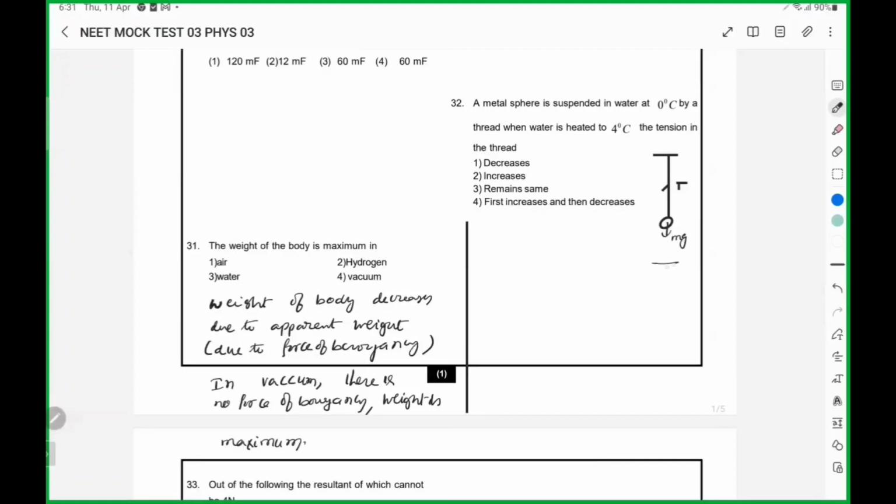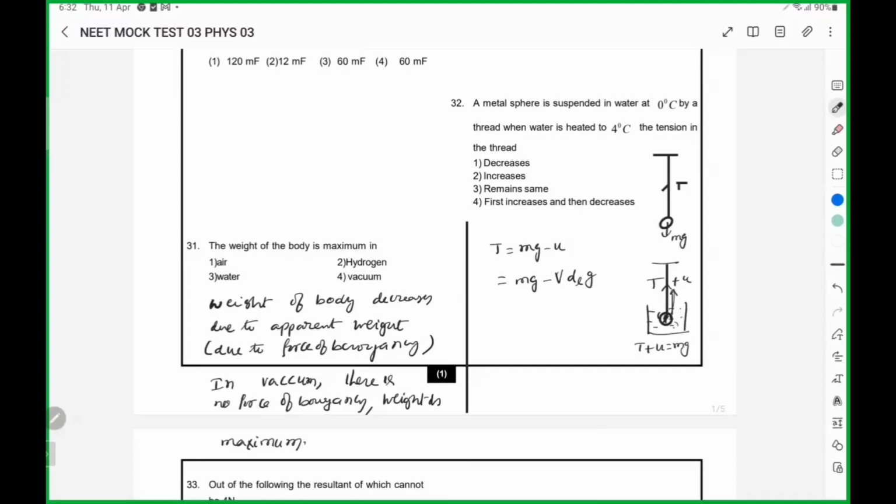When it is placed in a liquid, there is an upthrust due to the liquid. So tension plus upthrust is equal to mg. Tension is mg minus upthrust. So upthrust is the volume of the liquid displaced times the density of the liquid times g.